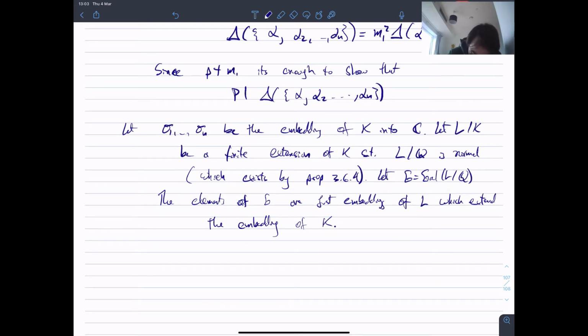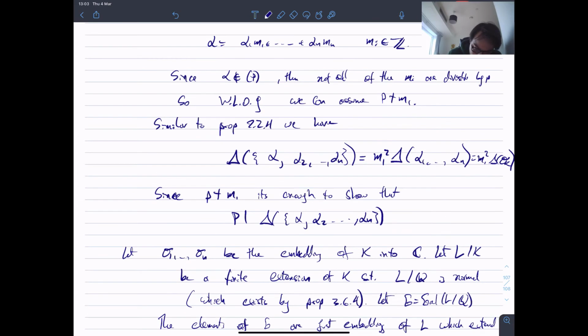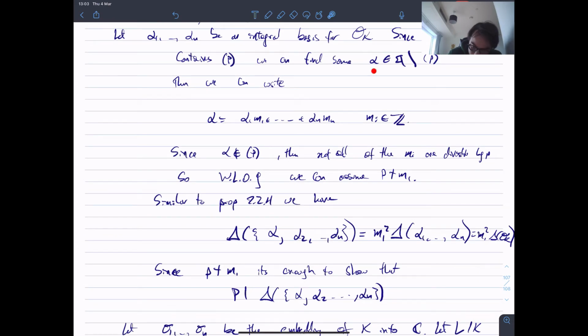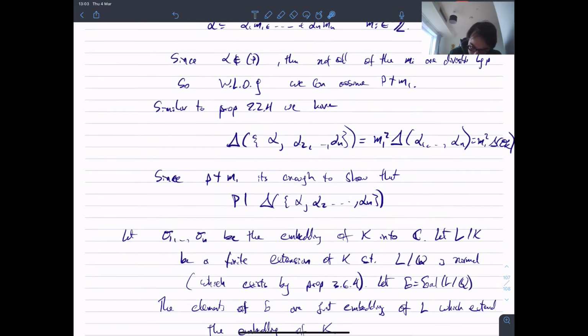So let's go back and think about alpha. Remember this element alpha, which I took in my ideal A but not in the ideal P, which I could do by my construction.